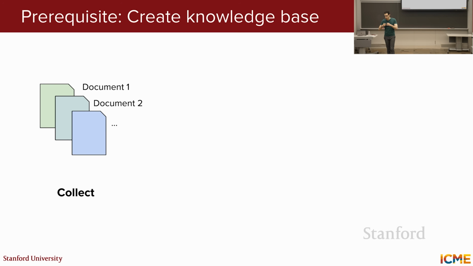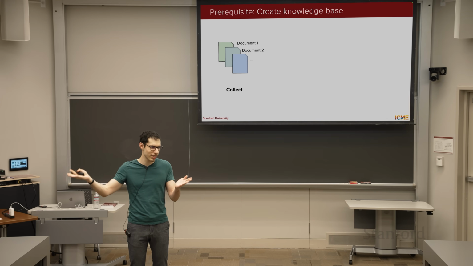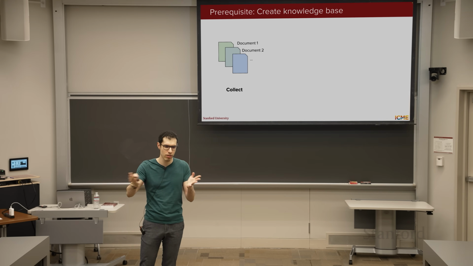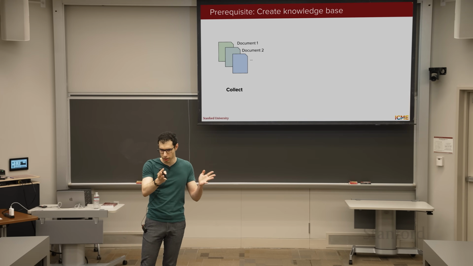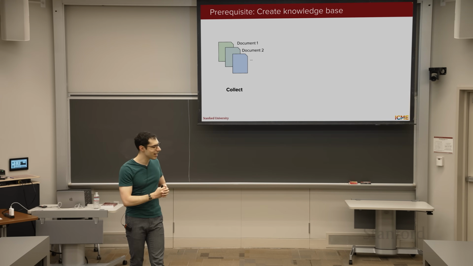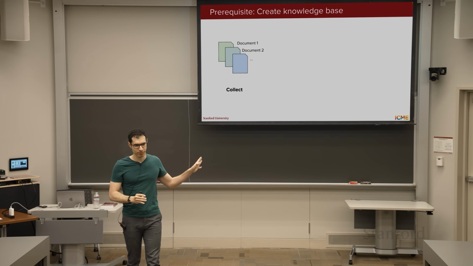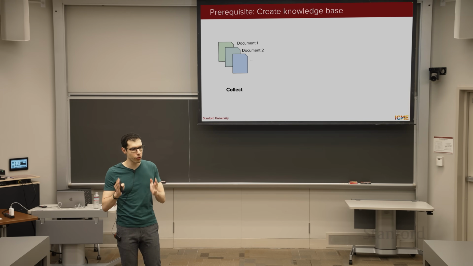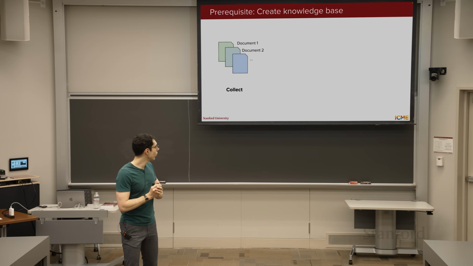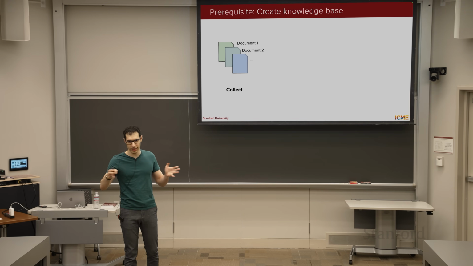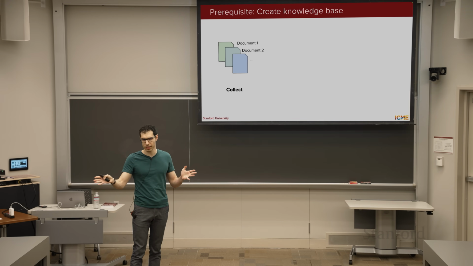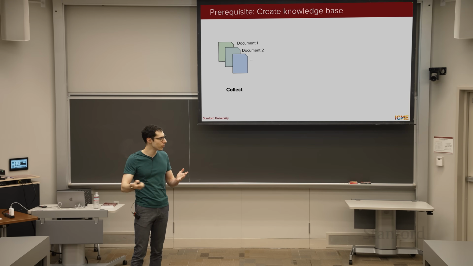I said we may want to look into outside information, but we need to somehow sort that, order that, and put that somewhere. This whole thing is usually called a knowledge base. In order to form our knowledge base, what we typically do is collect the set of documents that are or may be useful.